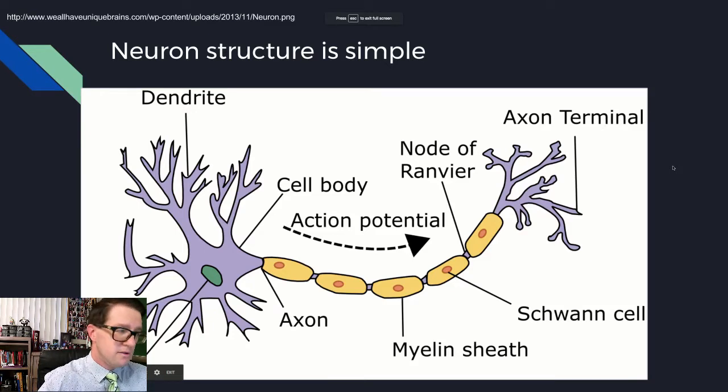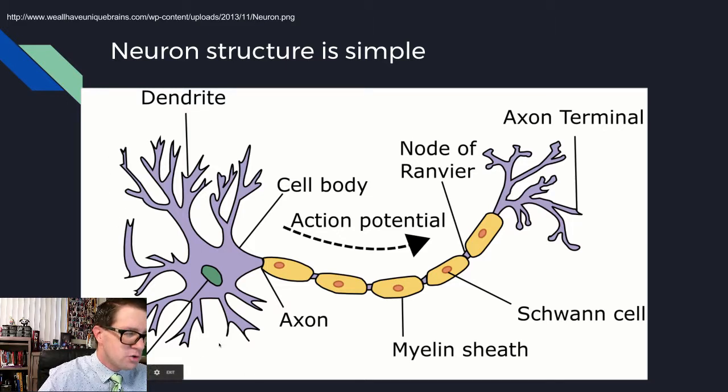So when we look at the structure of a neuron, it turns out to have some rather basic parts. We happen to have where the nucleus is, we call that the cell body. There's going to be a whole bunch of attachments to the cell body, we call those dendrites. Dendrites are where, for the most part, we're going to receive information.